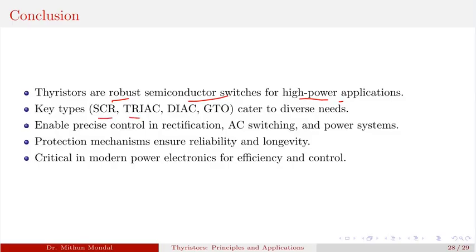So SCR, Triac, Diac and GTO cater to the diverse needs. Among these, SCR and Triac are the most famous. It enables the precise control in rectification, whether it is a switching application and in the power system. Its protection mechanism has to be ensured for reliability and longevity in the form of snubber circuit, and these are critical to modern power electronics for efficiency and control.